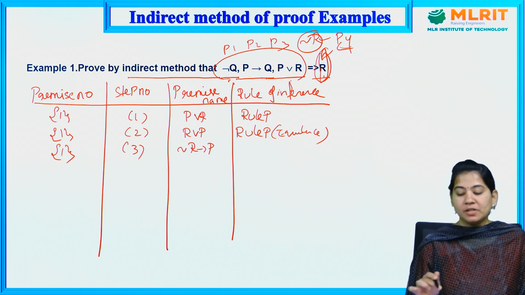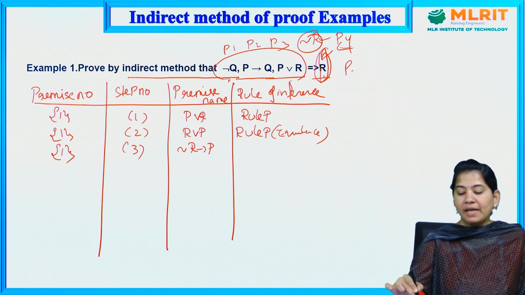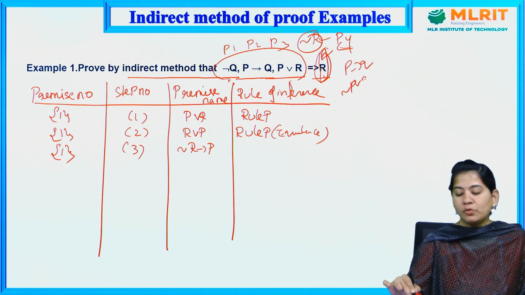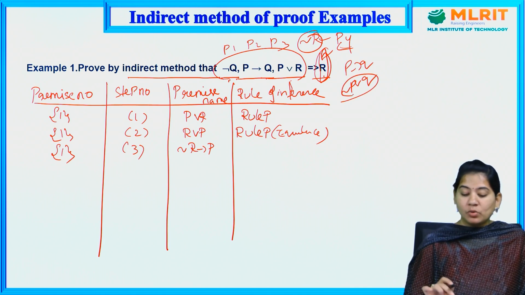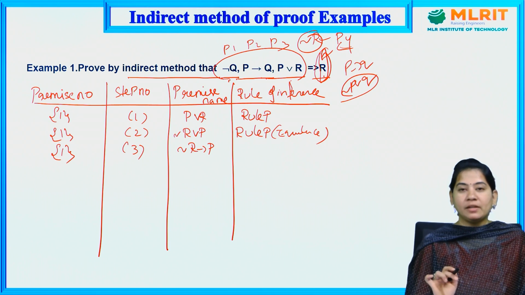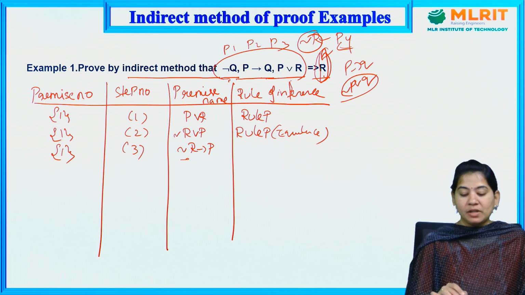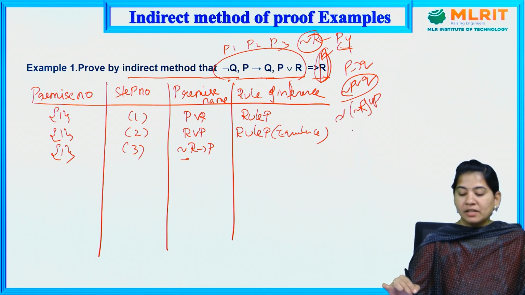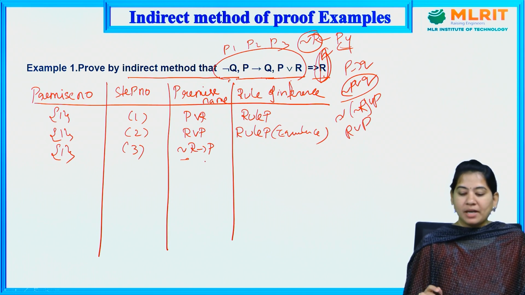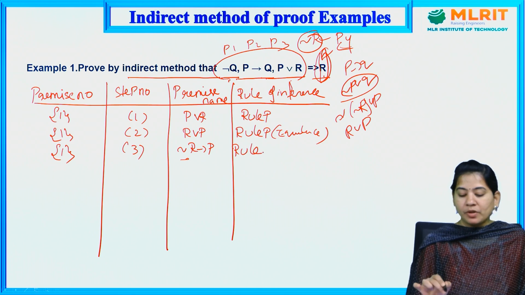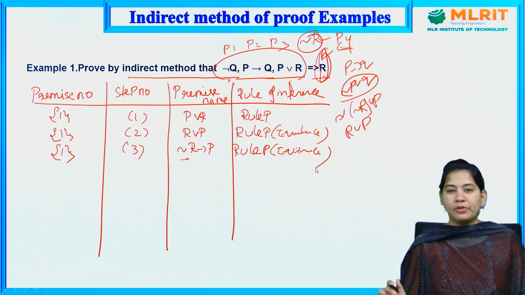If you observe, P implies Q is negation P or Q. Here negation is not there, so I am just including negation R. If I include negation R here, it becomes negation of negation R or P, that is nothing but R or P. This R or P I have written in the form of negation R implies P, which is called rule P, and this is also an equivalence formula. So I have used the equivalence formula.